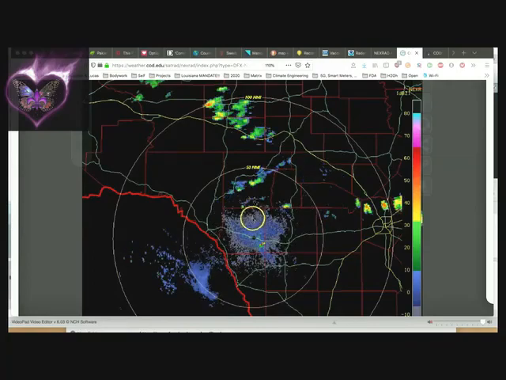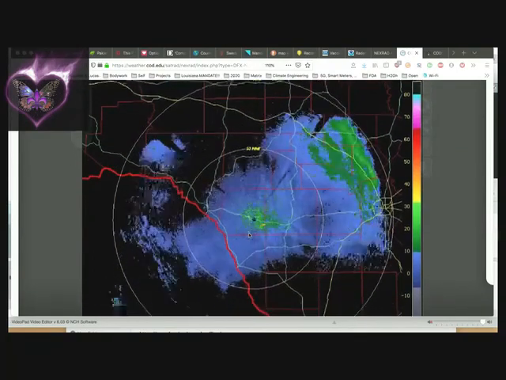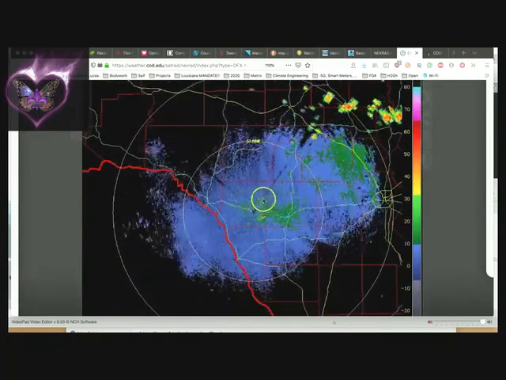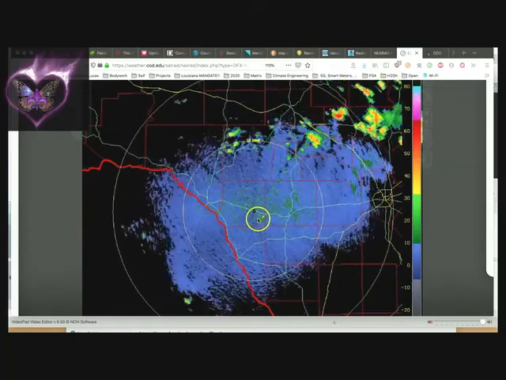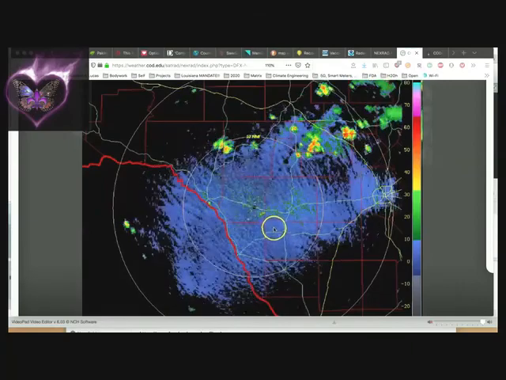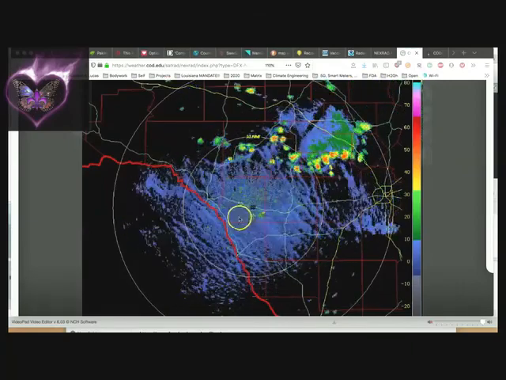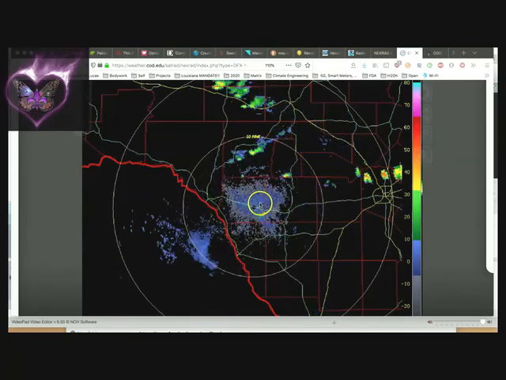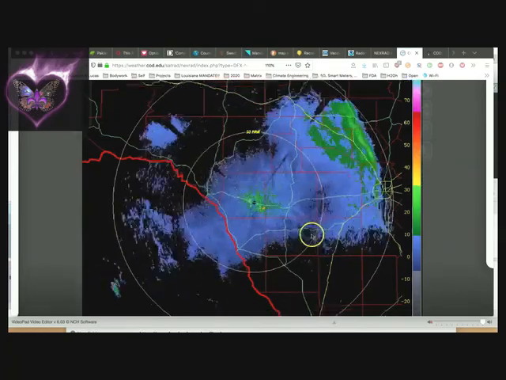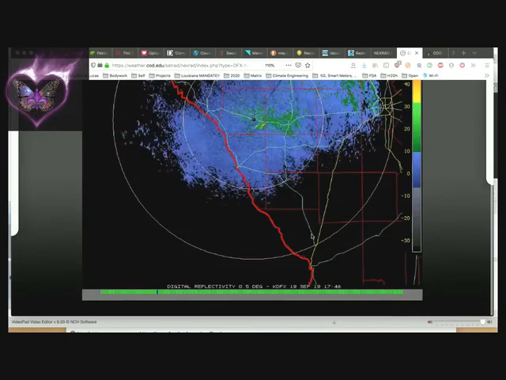See, it converges over there. It's puffed out, but it's getting thinner. There it goes. It thins out, and the energy starts converging into it. Nature abhors a vacuum.